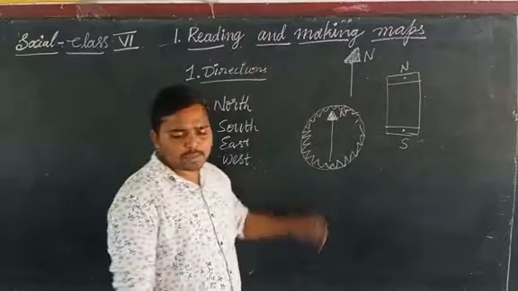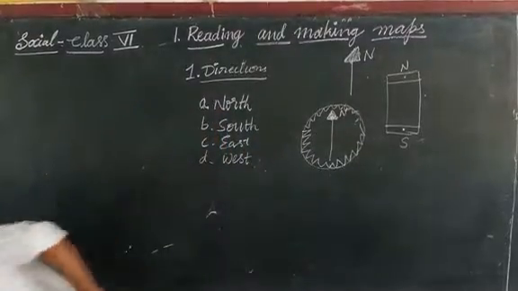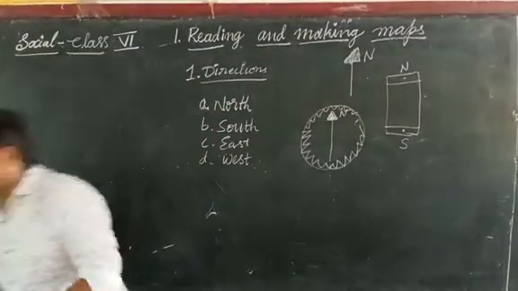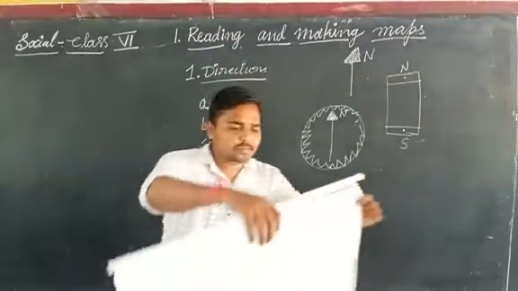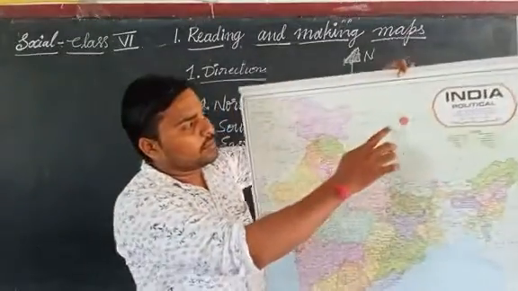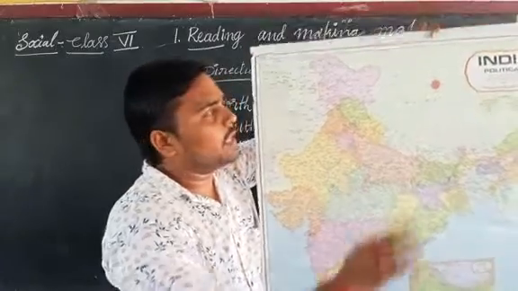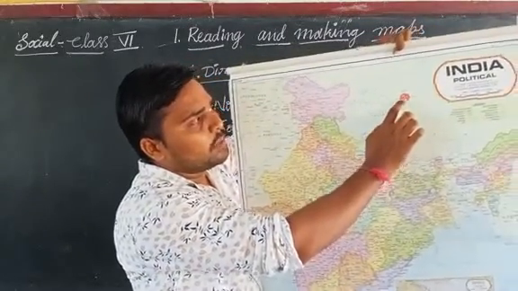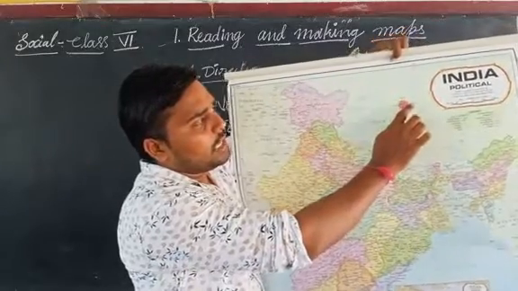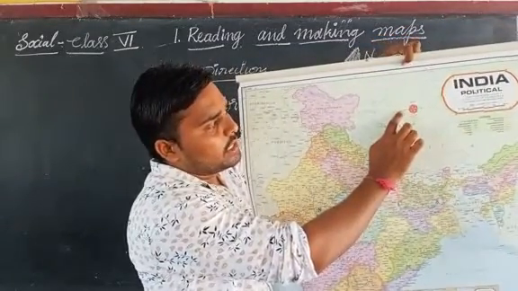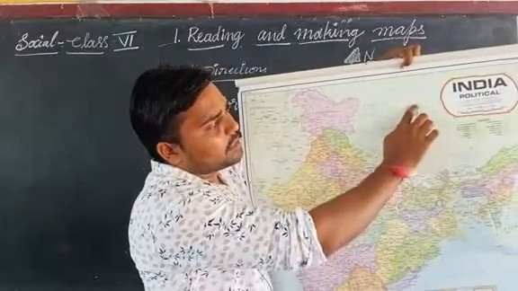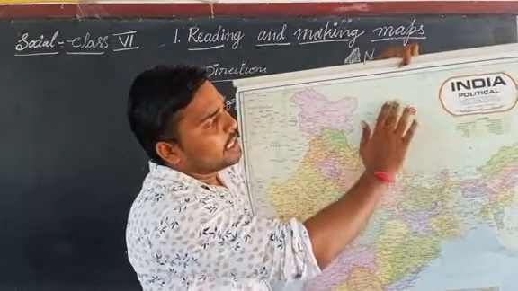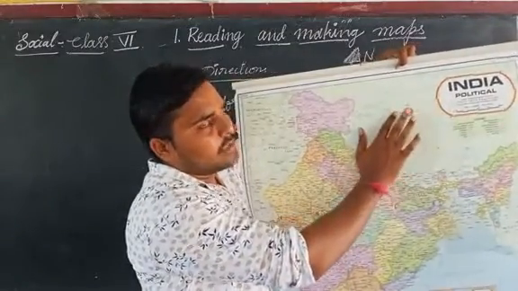That's why in the maps, in the top right, suppose you observe this political map of India. Here you can observe the north, the east, the south, the west. These are the directions located at the right side of the map.